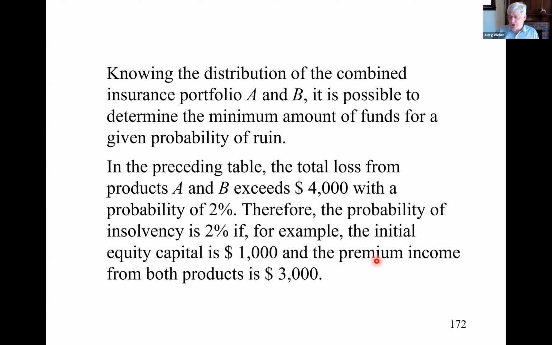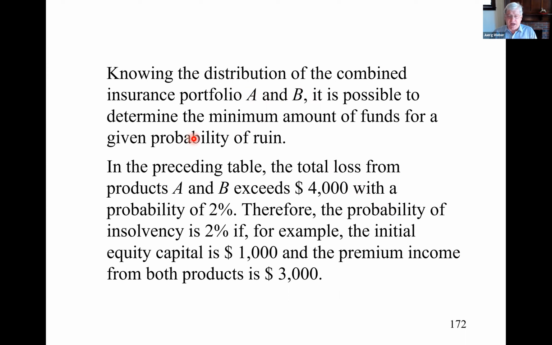Now, when the insurance company knows its overall loss function from both products, then it can again determine the amount of required funds to achieve a given probability of ruin, maybe of 1 or 2%.